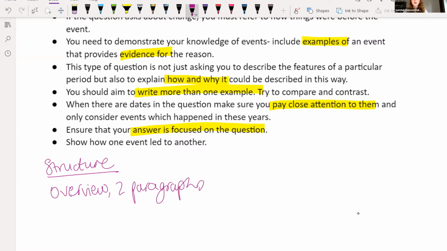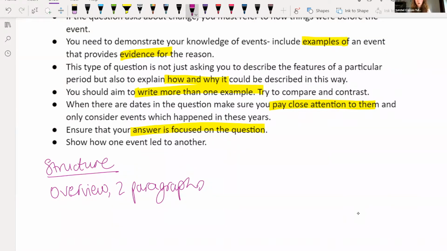Now, the way that I always tell my students to approach this question is, because you've got this one on this paper, which is 1B, and then you've also got it on 2B, which is your depth study. So my students study Elizabethan England, so they've got this on the Elizabethan paper.